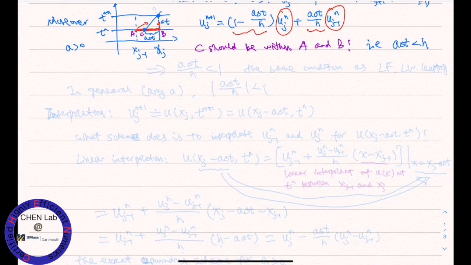So we arrive at the same condition, A delta t over h should be less than 1. This is the same condition as Lax-Friedrichs, Lax-Wendroff, and also the leapfrog. Same condition for schemes 2, 3, 4.